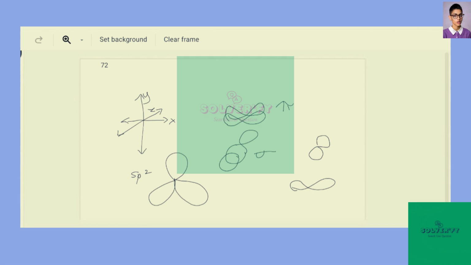So basically, we would draw this shape to show the sp2 hybridized orbitals. Also keep in mind that this is along the x and the z axis. So we would also want to show that it is running along these axes like this.